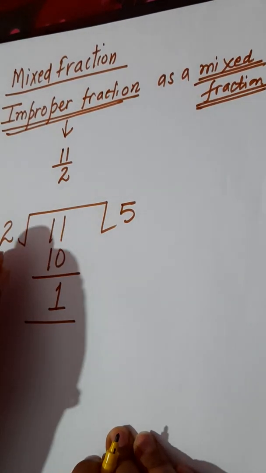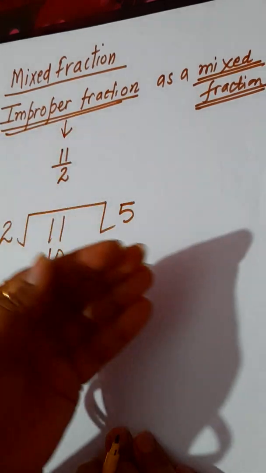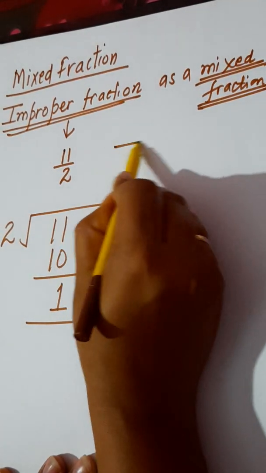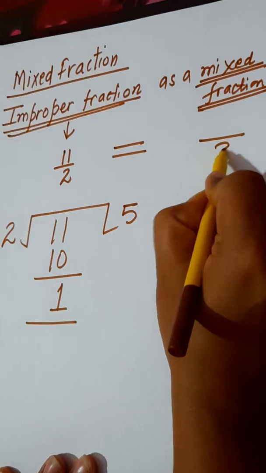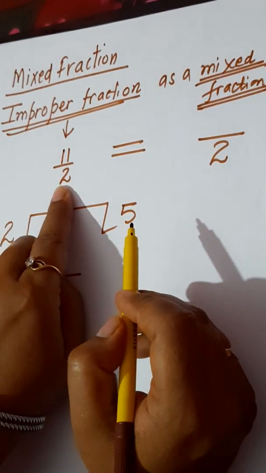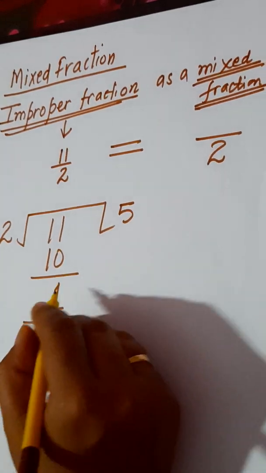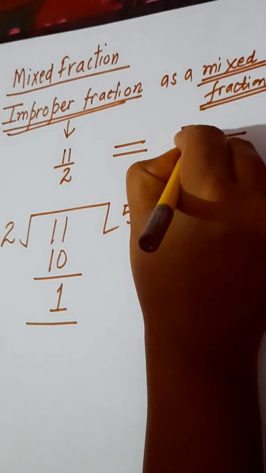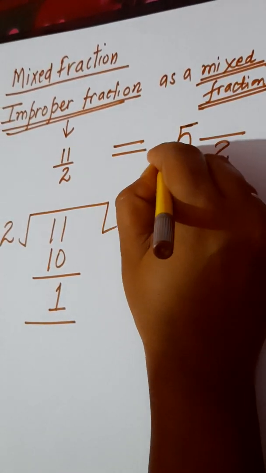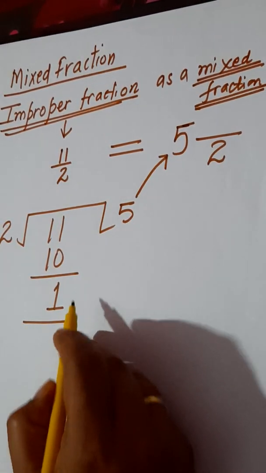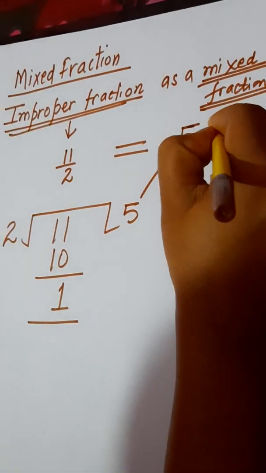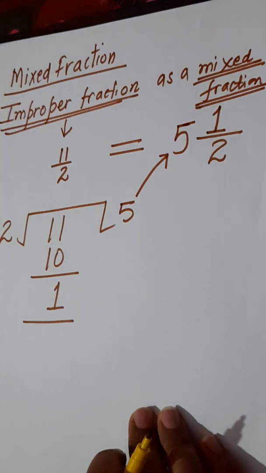Now I have to express this improper fraction as a mixed fraction. For this I will write 2 over here, as 2 is the denominator, so I will write 2 in the denominator. Then I have this 5 which represents the whole, and this remainder I will write in the numerator.